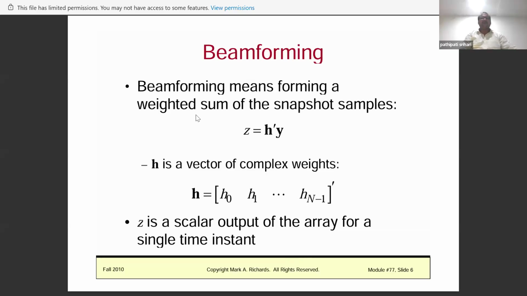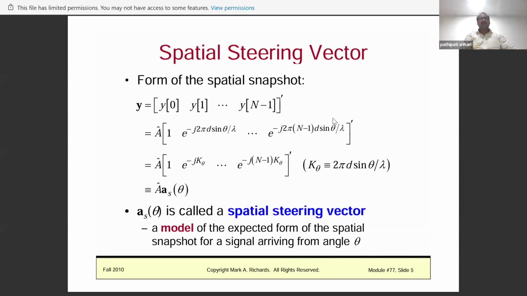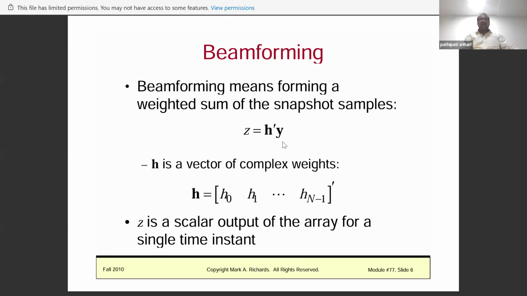Beamforming means forming a weighted sum of the snapshot samples. What is a snapshot? Snapshot is this y, and the steering vector is there, and a hat is also there. For that y, you take H transpose, where H transpose is a vector of complex weights, you can also consider that as a filter. That is our FIR filter that we spoke about earlier.